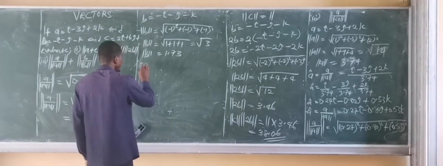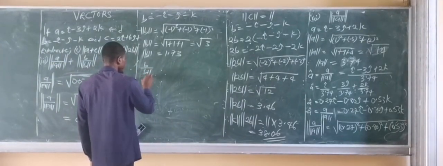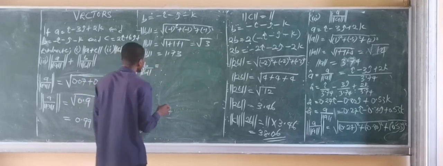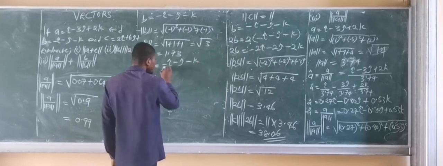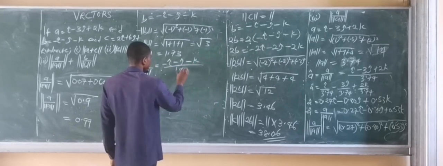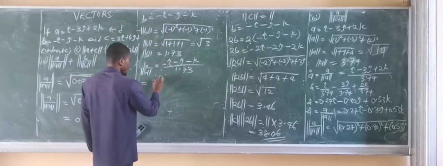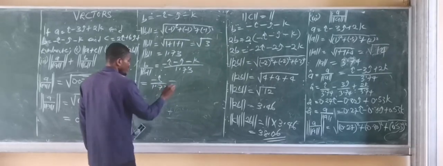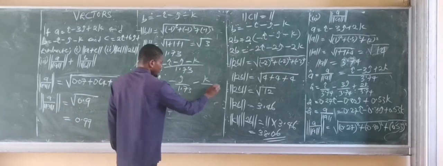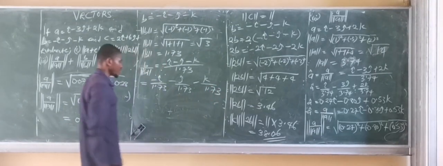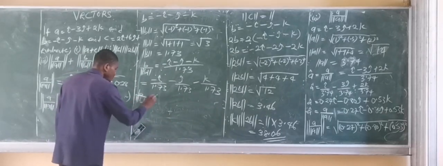So to obtain the unit vector of B, which is the position vector B divided by the magnitude of vector B, this is equal to minus i minus j minus k divided by 1.73. You can also bring this down to minus i divided by 1.73 minus j divided by 1.73 minus k divided by 1.73.